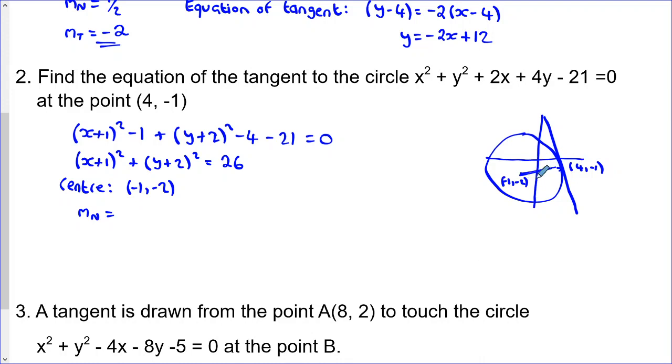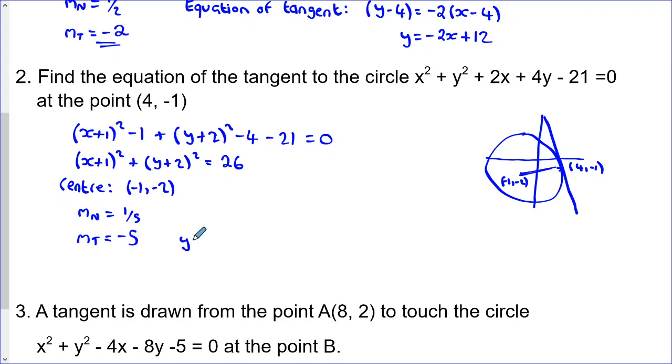Gradient of that, changing y, well, it's gone up 1. We're changing x, it's gone up 5. That would be the gradient of the normal. We negative reciprocal of that, it gives us the gradient of the tangent. And then y minus y1, etc. gives us the equation of the tangent.